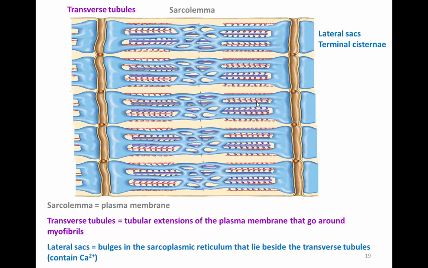It's also important to remember that there will be a need to remove that calcium from the cytoplasm when the muscle relaxes, and so there are also pump proteins within the sarcoplasmic reticulum that can reclaim the calcium after a muscle contraction.